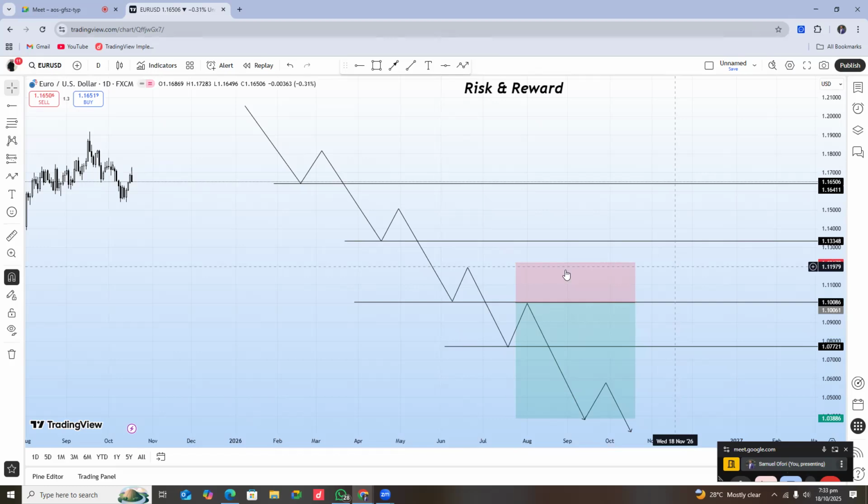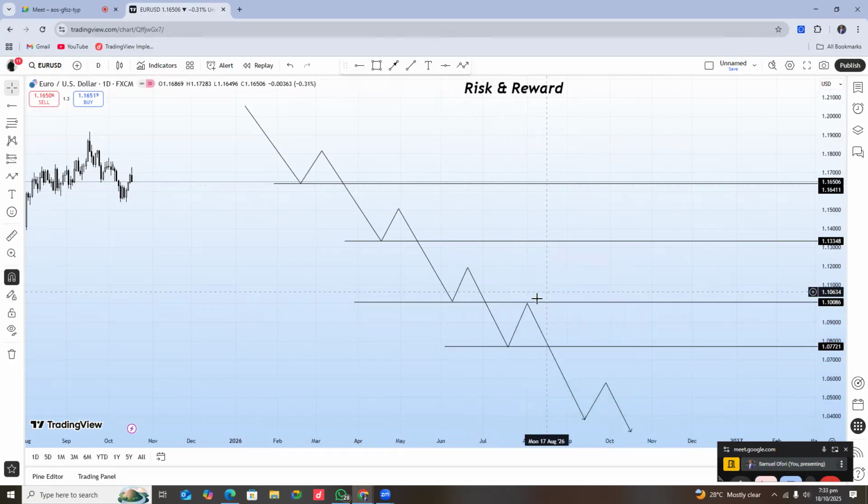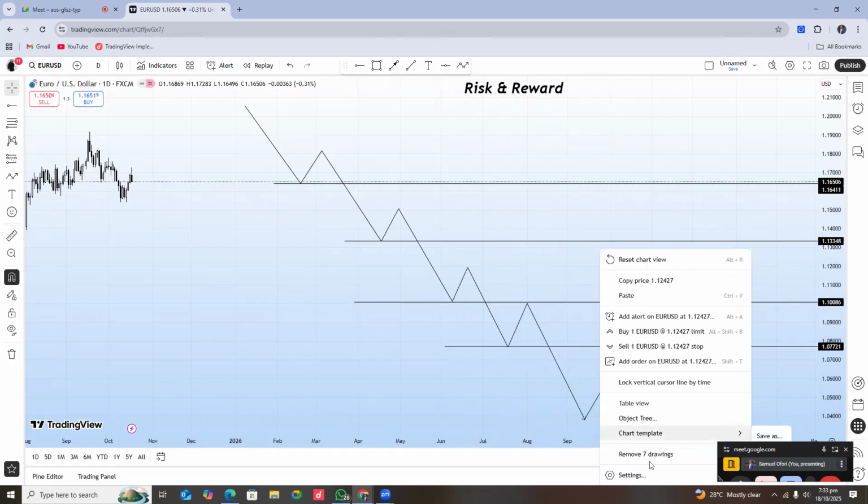If we are putting our stop loss above this level, when we go to the other side, we will know exactly where to place it as well. So always be sure to check that your reward is bigger than your risk so that your trade can be classified as what? A good trade. All right. So I want to believe that we are on track over there too.